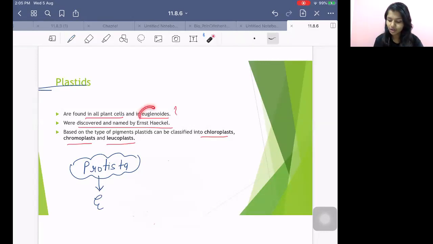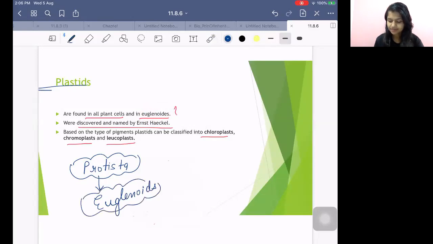One among them will also be euglenoid. So euglenoids are a type of protista. These euglenoids will also have plastids. All plant cells will have plastids. Other than that, euglenoids will also have plastids.